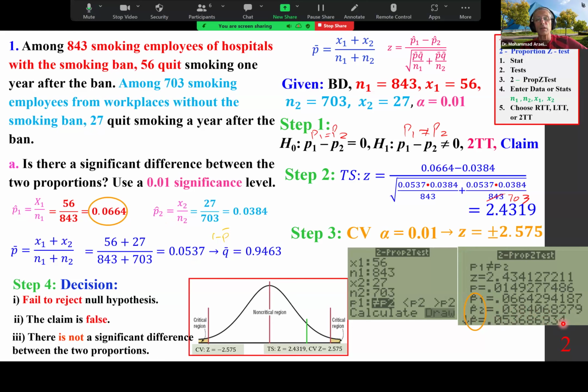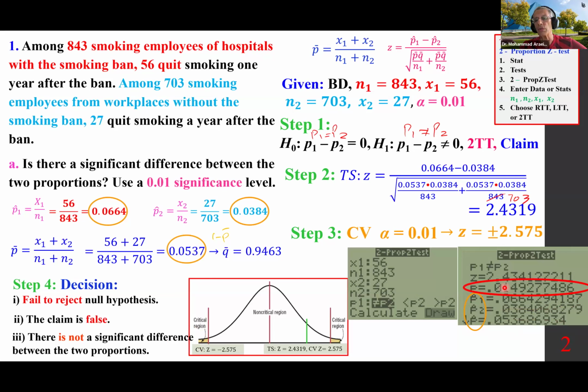The only thing I want to make a point of: there's a slight difference due to the number of decimals they use. But if you stop here, this changes to 7, right? Just like this. So that's P2 hat, and that's the P bar, in order.